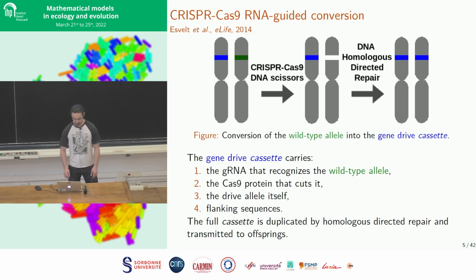Basically, the idea is that the drive allele is going to suppress the wild-type allele on the other chromosome, replace it, and then you have converted the heterozygote into a homozygote individual.